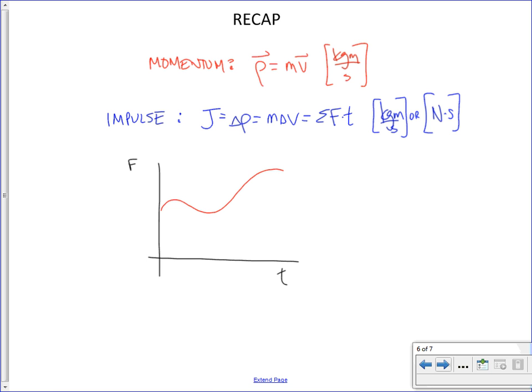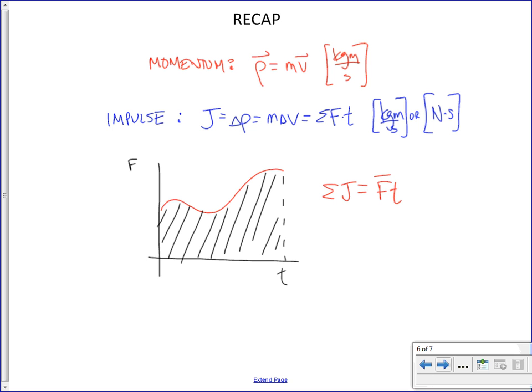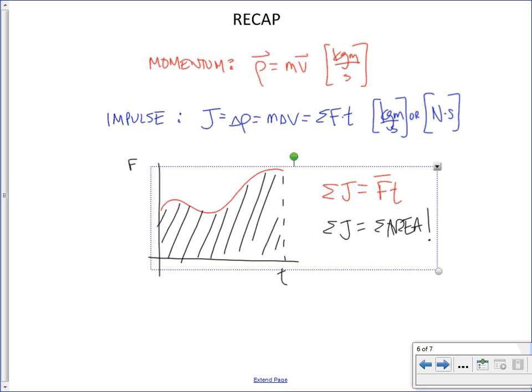But if you want to know net impulse, well, it's always F average times T, and what we really have to do is find the total area.